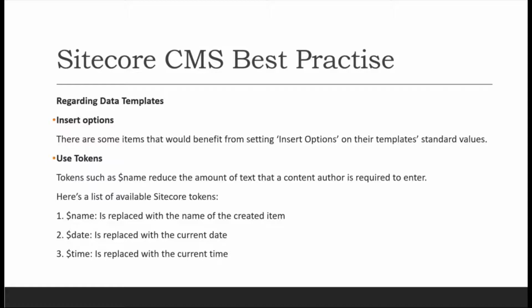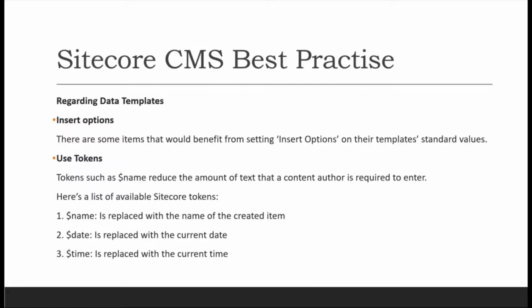So in the home template's standard values, in the insert option, assign the child template. Whenever you go to the content item and right click on home, the child template name will automatically come. This is a best practice Sitecore suggests. Otherwise, you will need to manually select the template and create the item.